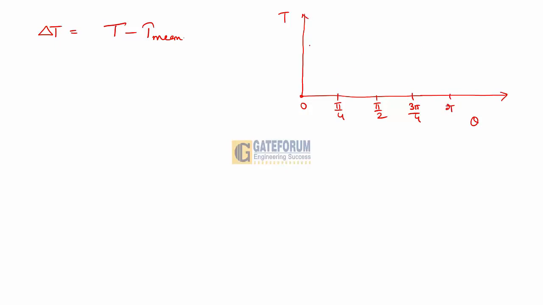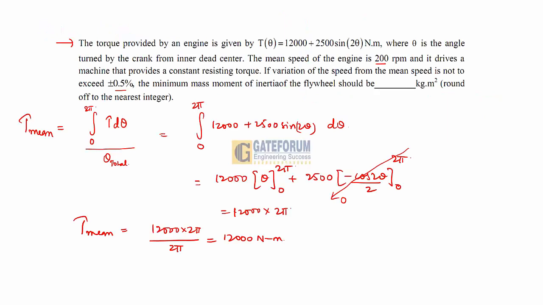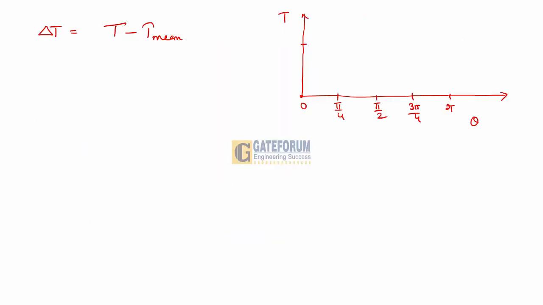So at 0 degrees it will be 12,000. At 45 degrees it will be 12,000 plus 2,500, which is 14,500. Next at pi by 2 it will be once again 12,000.